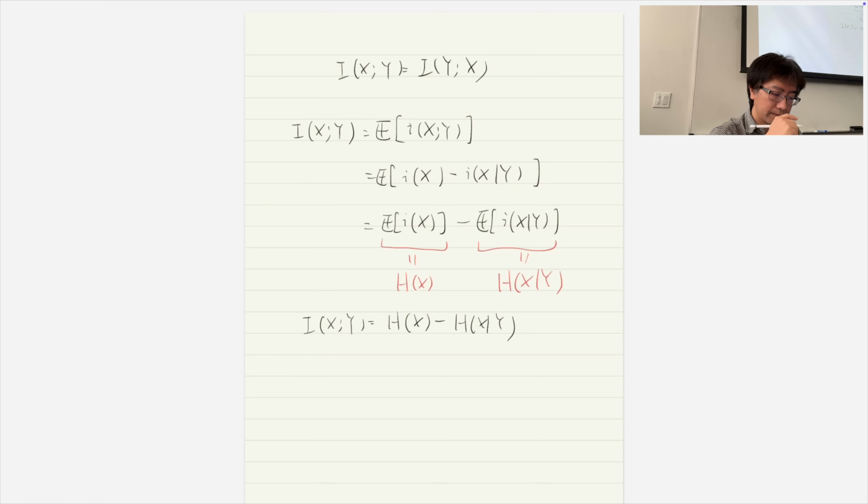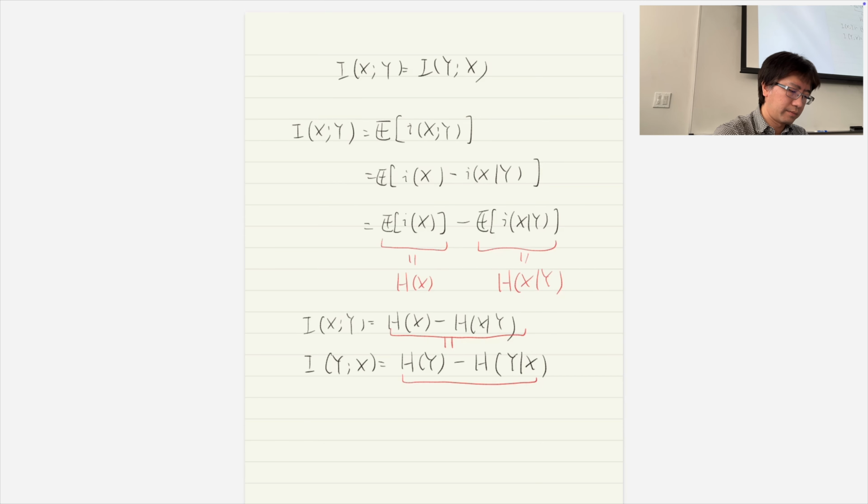Okay, very good. Because we said mutual information is commutative, we can write I(Y;X), which equals H(Y) minus H(Y given X). Therefore we conclude these two quantities are the same. Do you remember that?